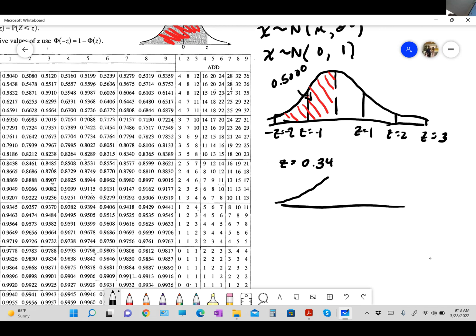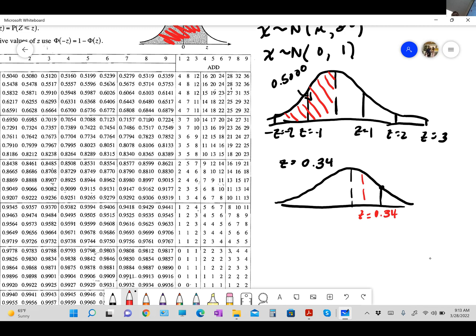If I were to draw a normal curve like that, I know the middle here is 0. I know here like around there is 1. We call this the inflection point, where there's a change in concavity between a negative concavity and a positive concavity. I would say that 0.34 would be like around here. So z is 0.34.